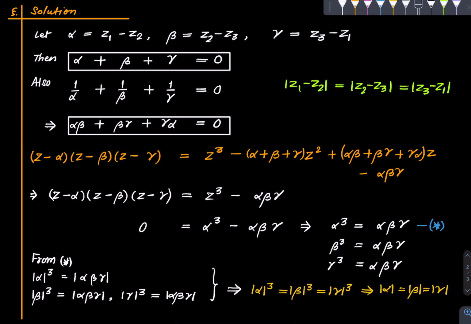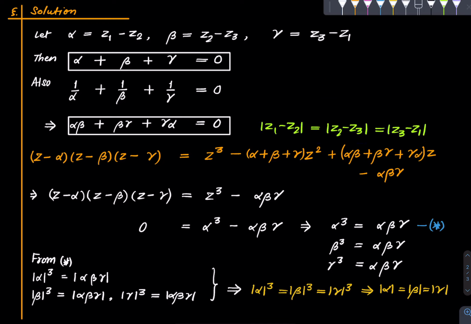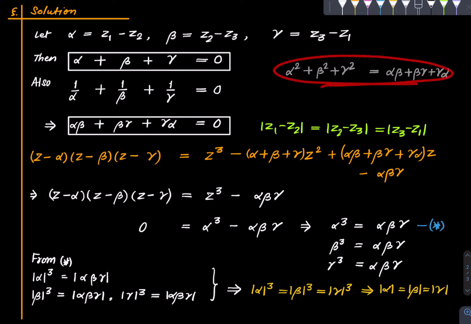Let me also mention that previously we had seen a criterion, and that's an alternate way to approach this problem. Previously, we had seen that if alpha, beta, gamma are complex numbers, and this happens, then alpha, beta, gamma are vertices of an equilateral triangle. We are assuming that alpha, beta, gamma are pairwise distinct. And conversely, if they are vertices of an equilateral triangle, then this happens also.